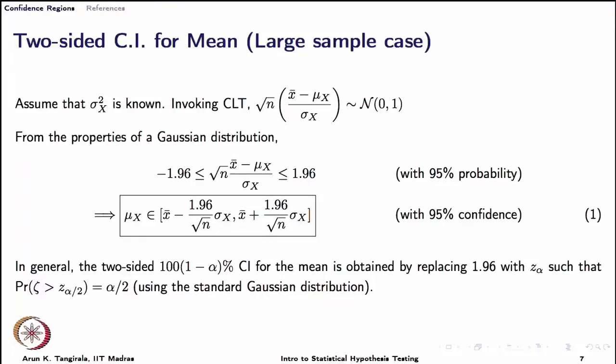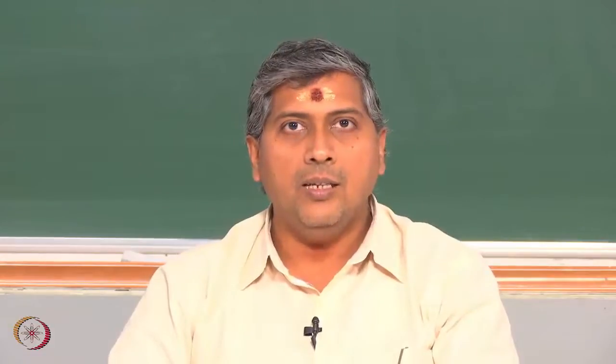That is the error, you can say, that is the band. Now I specify that this is the band that I am willing to tolerate at a maximum, then what should be the sample size? I say 4 sigma by root n is b, the width of the band, and b is known, sigma is known anyway, I can calculate n. So it is a very easy way of determining the sample size for a pre-specified error band, or you can say confidence band, whichever way you want to look at it.